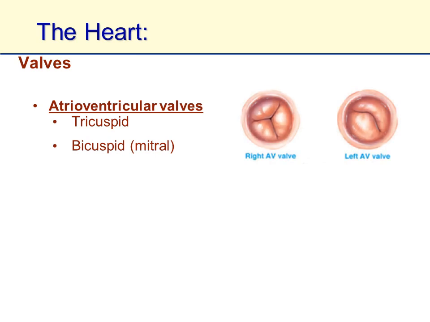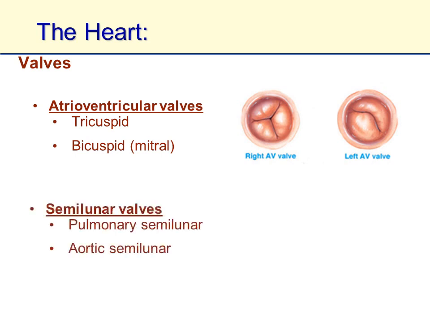This is the right atrioventricular valve, which is called tricuspid valve, while the other one is the left atrioventricular valve, which is called bicuspid valve.